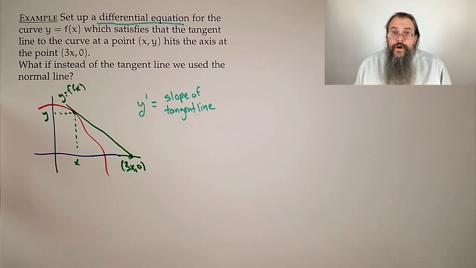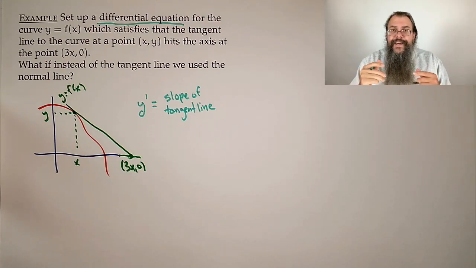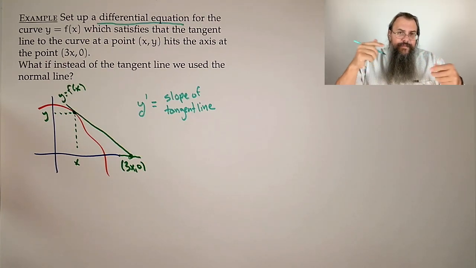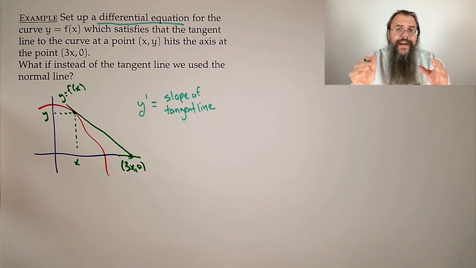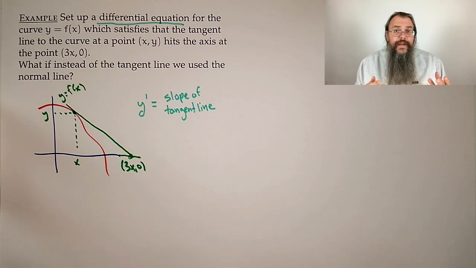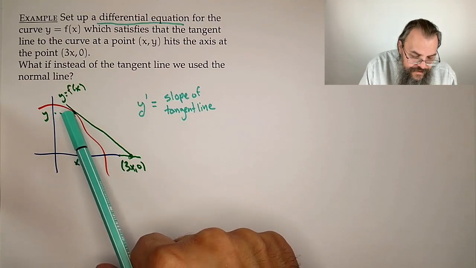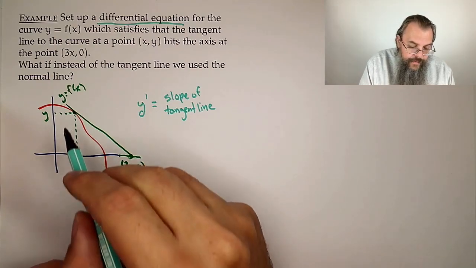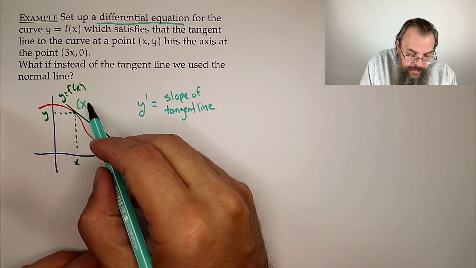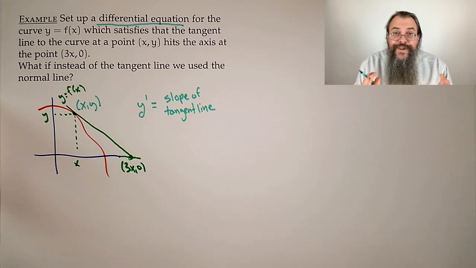All right, well, how do we finish up? What we need to do is somehow say, what is that slope? Normally, we have to find the derivative and so forth. We can't do that, but we don't need it, because to find the slope of a line, we need 2 points. And we have 2 points. We have this point (x, y), and we have that point (3x, 0).